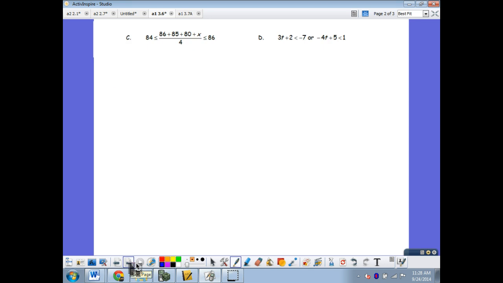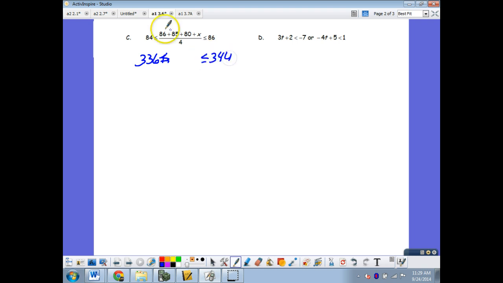Now in C, we're going to get rid of this fraction first. We're going to multiply everything by 4. So the left side by 4, 84 times 4 would be 320 and 16, so 336. 4 times 86 would be 320 plus 24, which is 344.